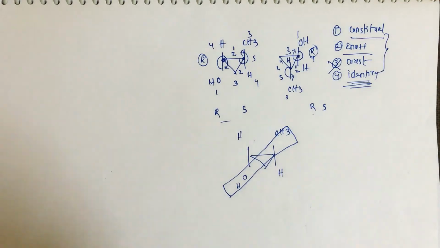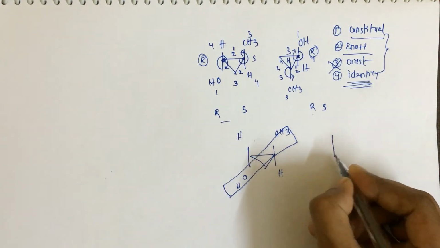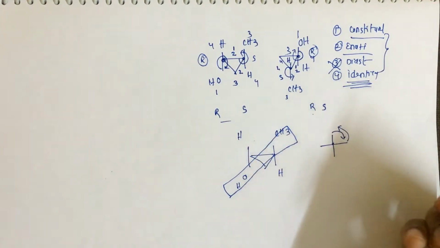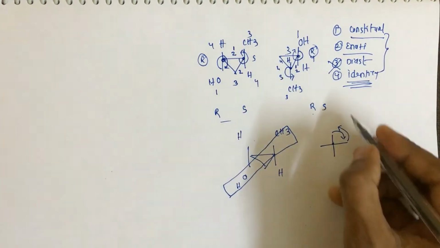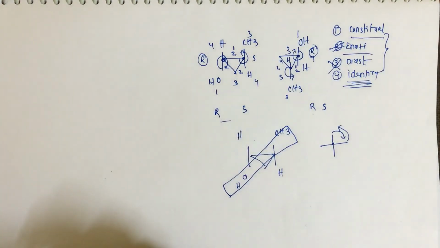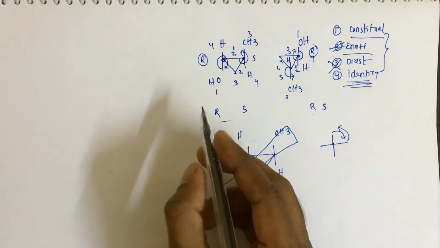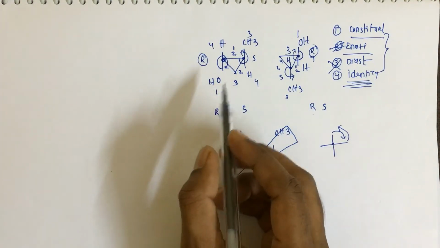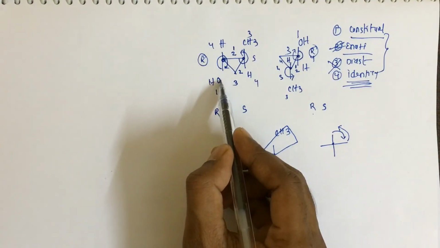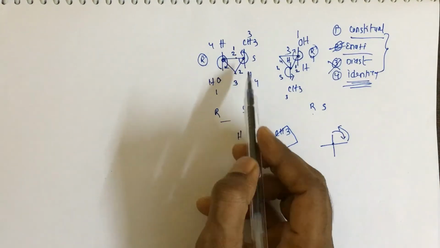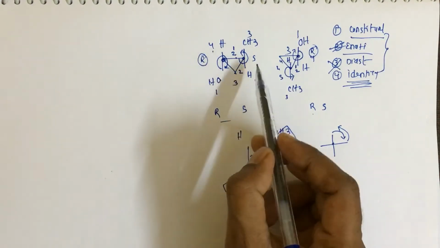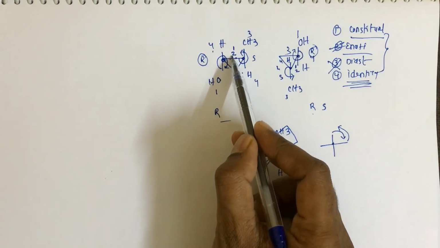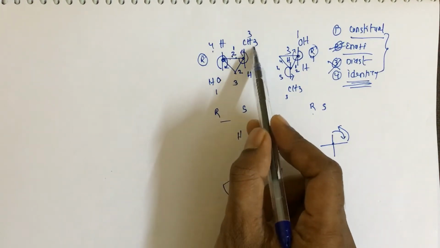Okay, so just remember, as I said, if two groups are undergoing a mutual exchange, so if it undergoes a mutual exchange, that comes under the enantiomers. Okay, and here this is 1 2 3 4, this is R, and then this should be 1, this should be 2, this should be 3.